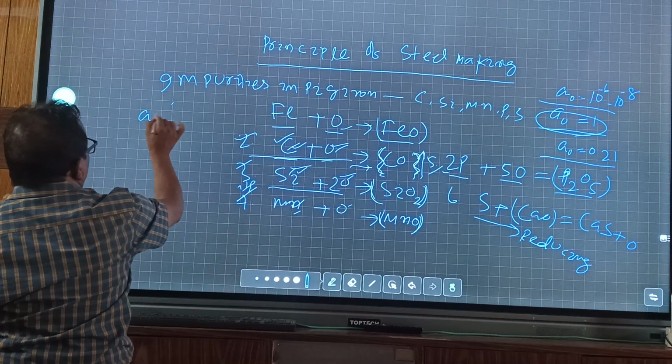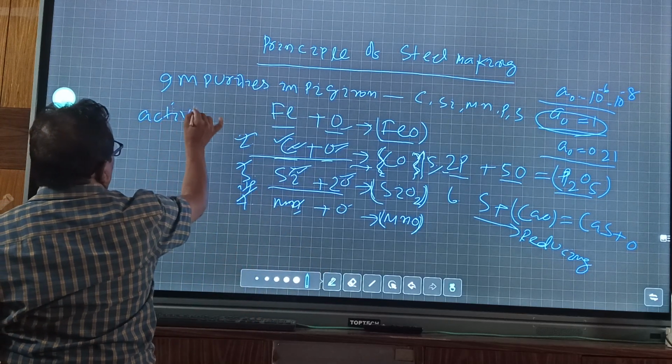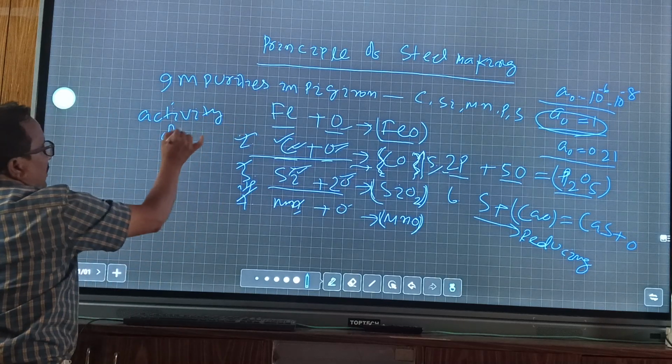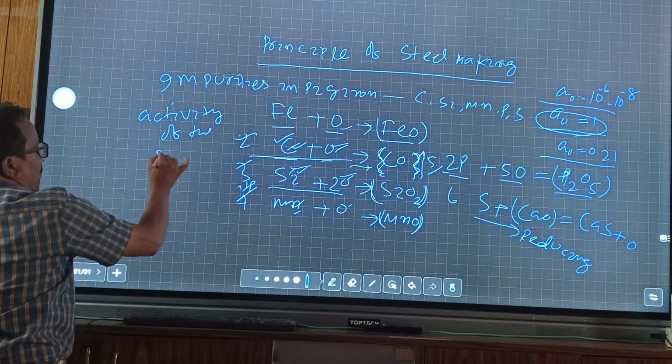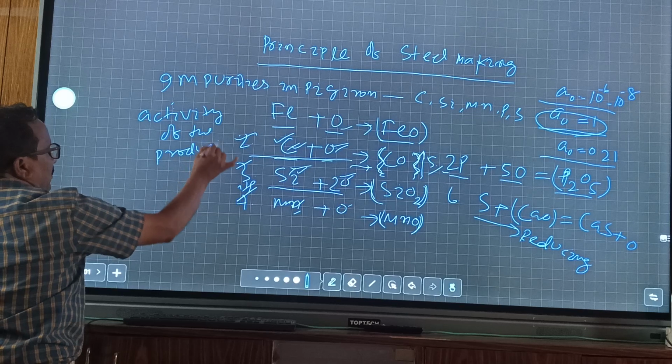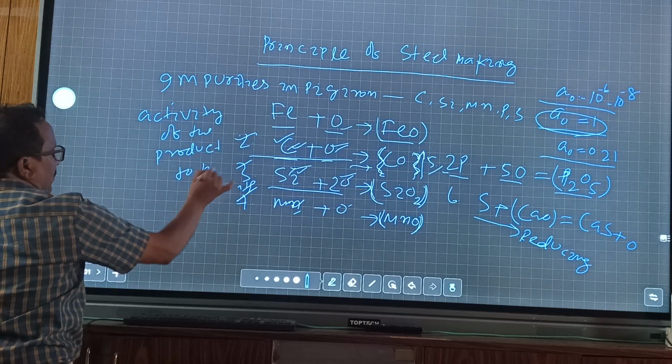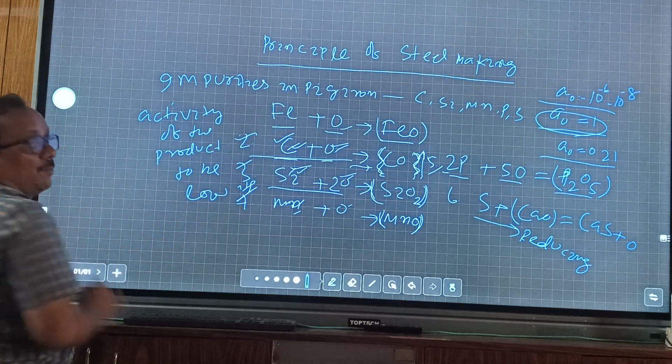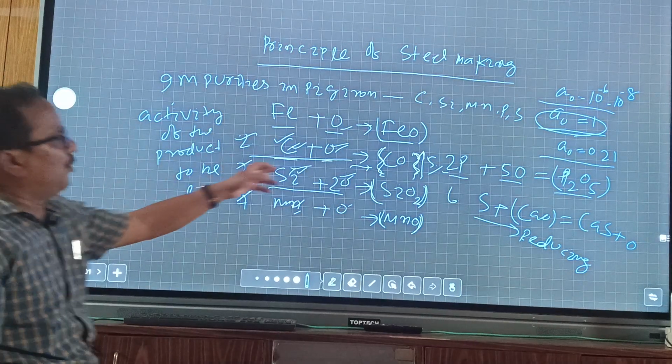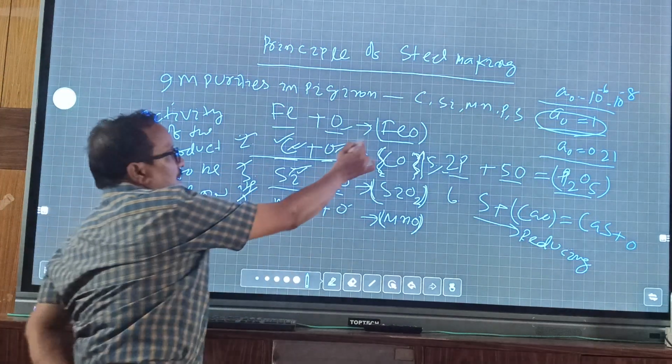The activity of the product needs to be low, and we can make it low. This is the activity of the product.